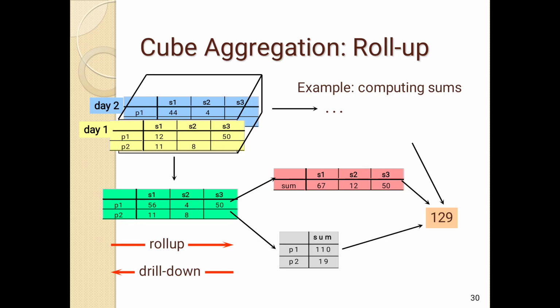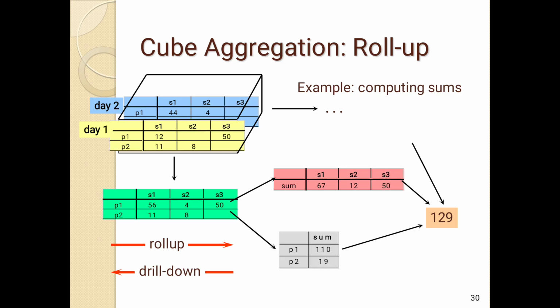Yes, roll up means climbing up a hierarchy, from daily to monthly sales. Day to monthly sales. See here, the sum of the sale of a particular product P1 across S1, S2 and S3.